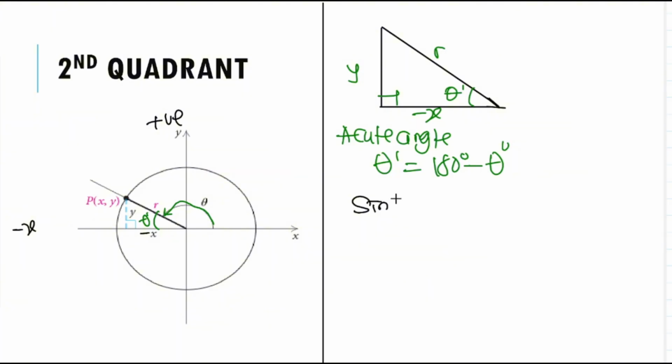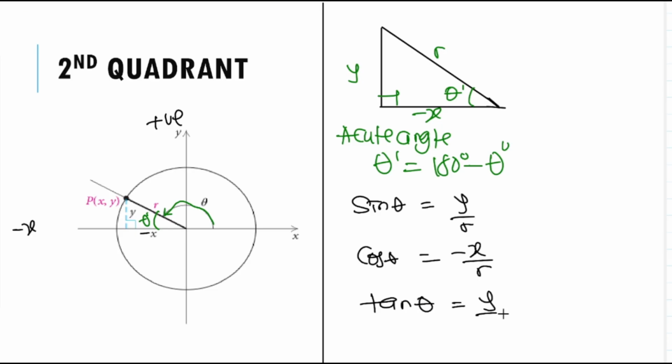Sine theta equals opposite over hypotenuse, y over r, positive. Cos theta equals adjacent over hypotenuse, minus x over r, which is negative. Tan theta equals y over minus x, which is minus y over x, which is negative. So what can you notice here?